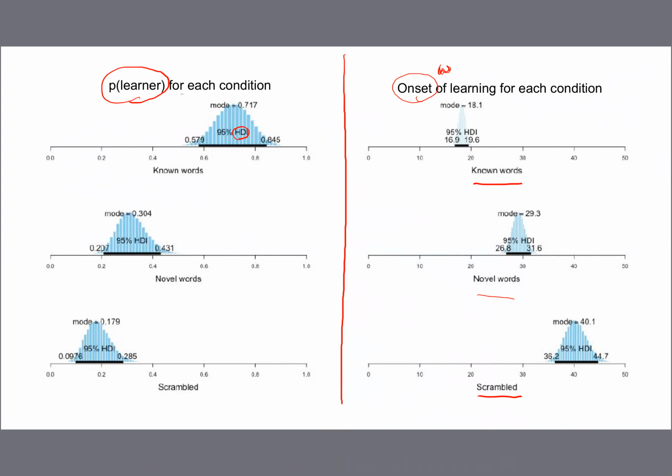Yeah, Kenneth? One surprising thing that we noticed is that the onset of learning for the numbers is such a small interval. For the known words? Yeah. I was wondering why, maybe from a cognitive science side, it's so narrow.